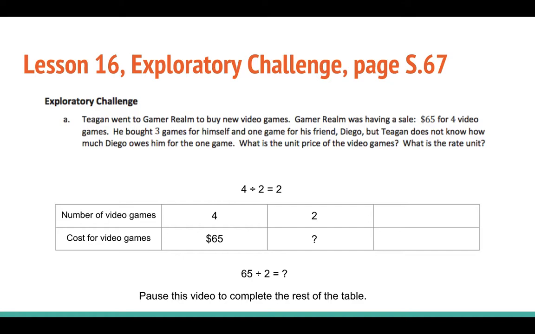So remember earlier, when you were taking notes, the rate unit was the miles per hour. So this one would be cost per game, right? Because that's what we're looking for. The word per is very important. That's what tells us what unit we're using for the rate. All right, so pause this video to complete the rest of the table.